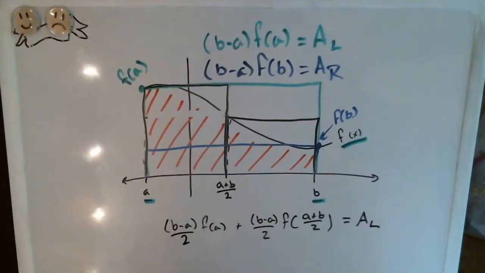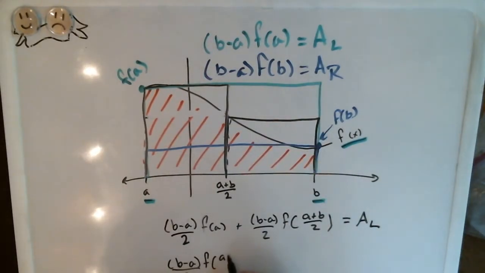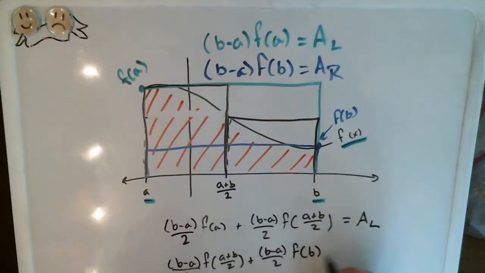If I wanted to use the right endpoints, then I'd have the width of the first interval times the coordinate of the right endpoint plus the width of the second interval times the coordinate of the right endpoint, and that would be a new approximation using the right endpoints.